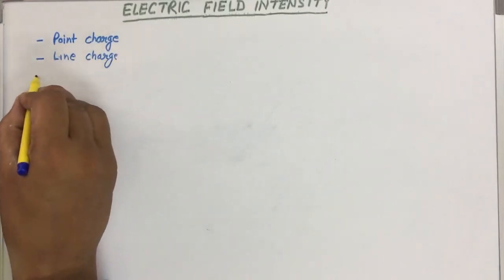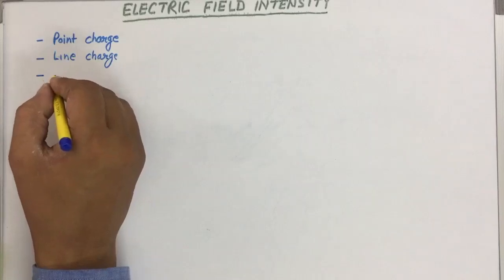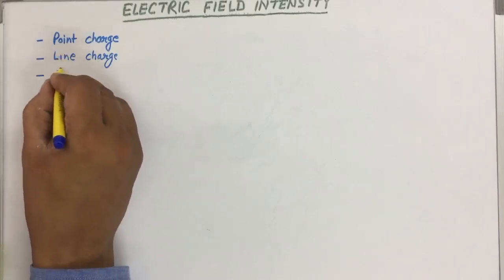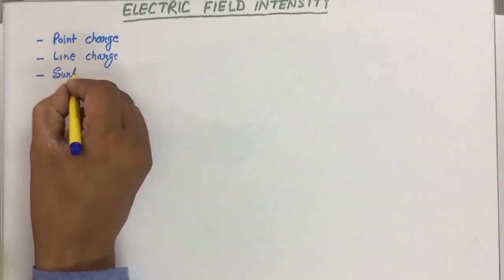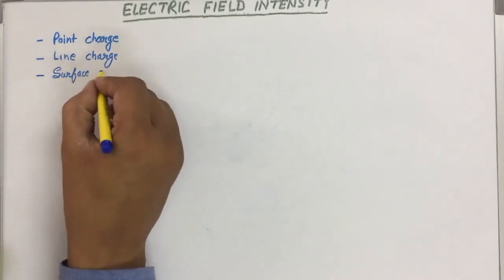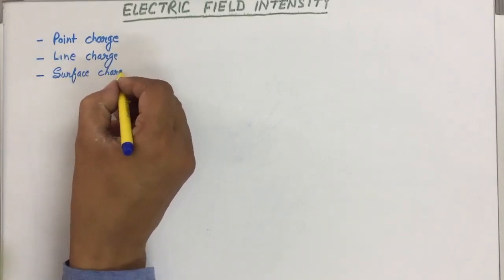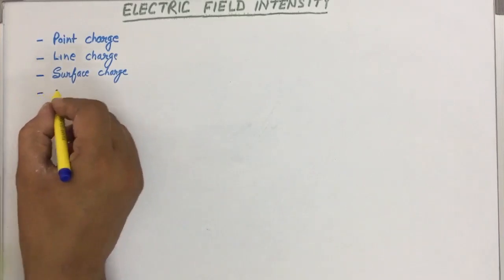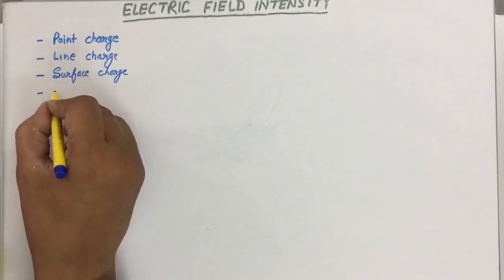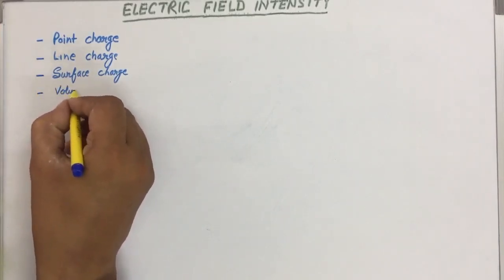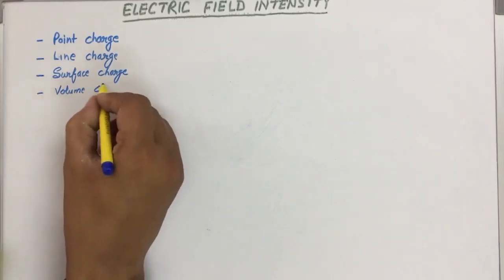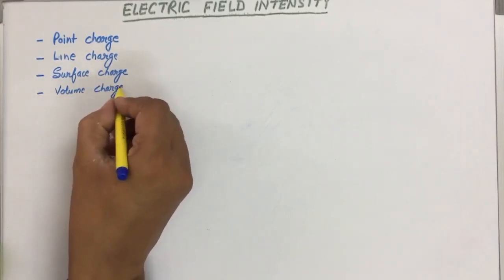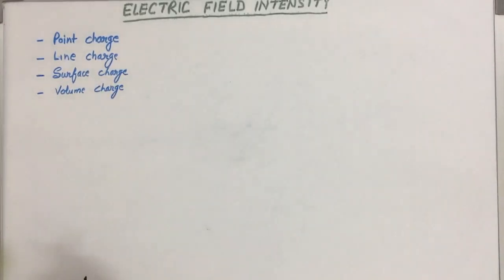And next we will discuss the electric field intensity due to the surface charges. And the last one we will discuss is volume charge. So one by one we will discuss all of them.